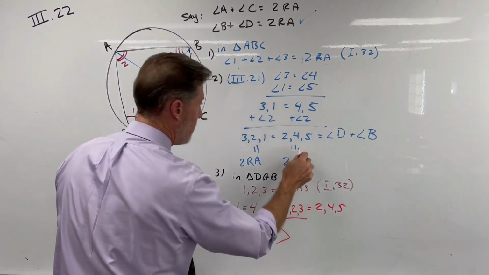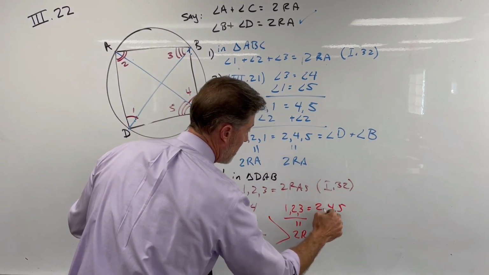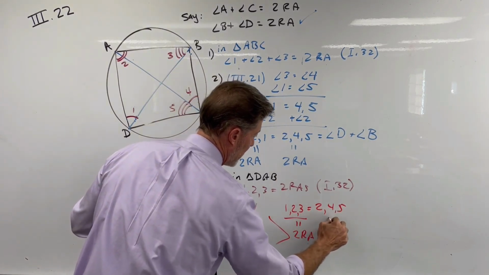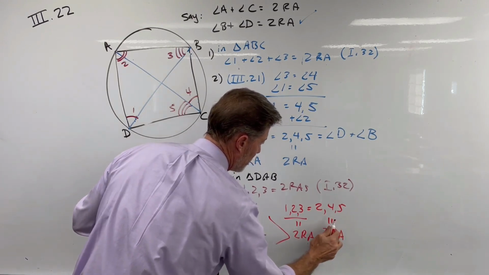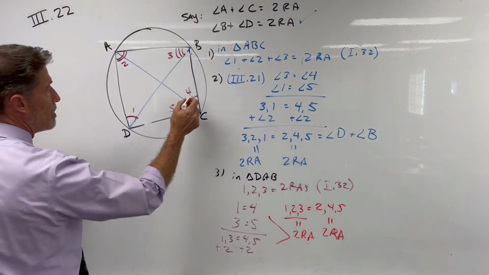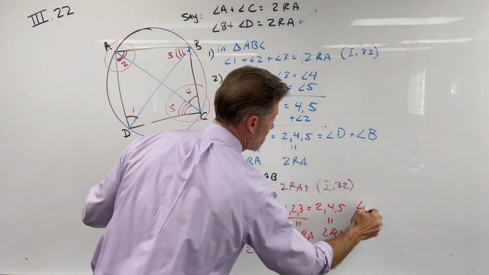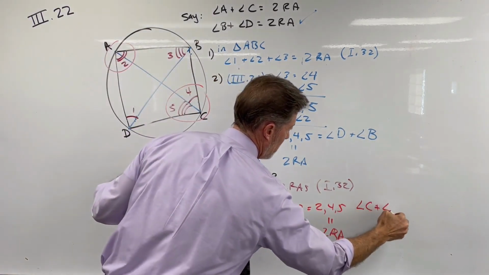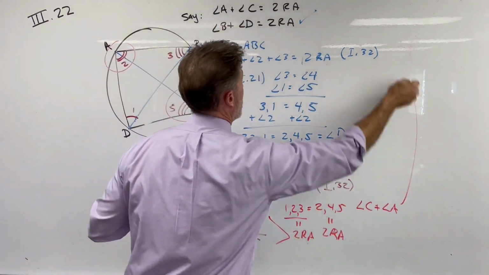We know angles 1, 2, and 3 are equal to two right angles. Therefore, 2, 4, and 5 must be equal to two right angles. But angles 4, 5, and 2 are simply angles C and A. Therefore, angles A and C are equal to two right angles.